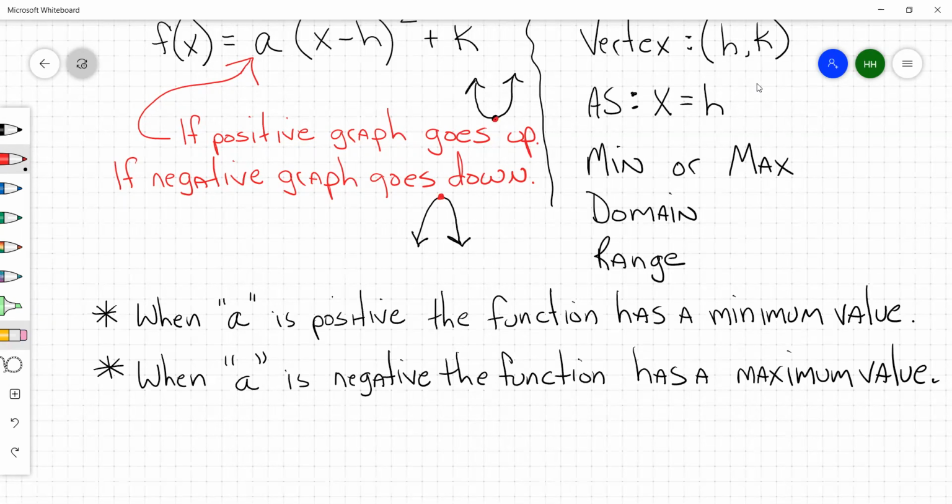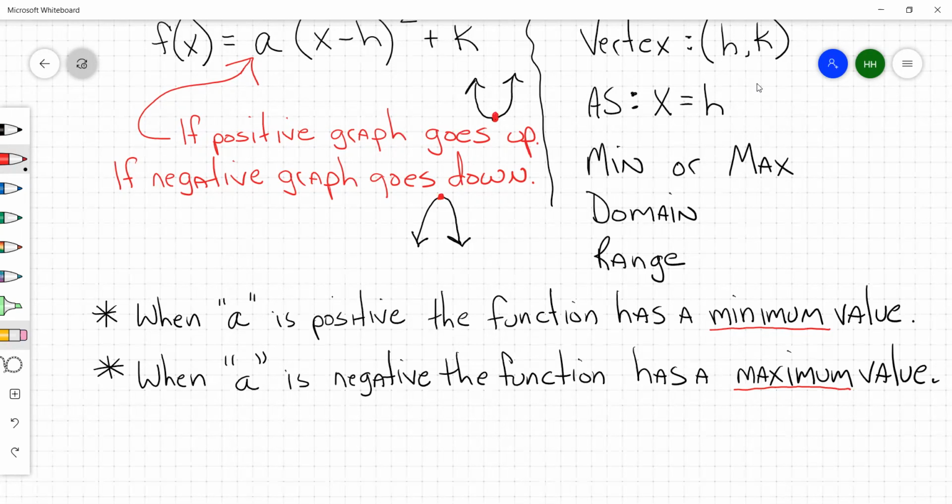When the vertex is at the top of the graph, it has a maximum value. When the vertex is at the bottom of the graph, then the function has a minimum value. So when you're asked to identify the minimum or maximum, if the graph goes up, it's got a minimum value. If the graph goes down, it's got a maximum. That's it. Good with that?